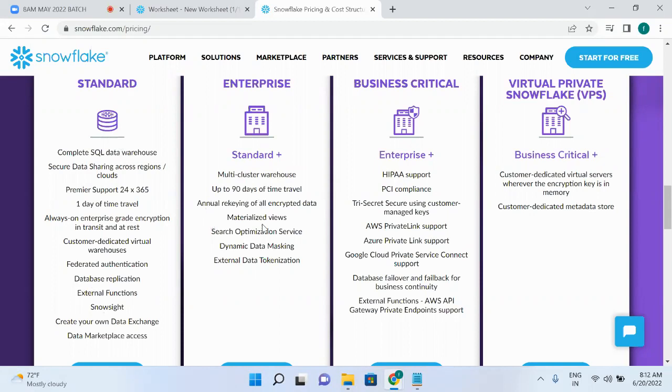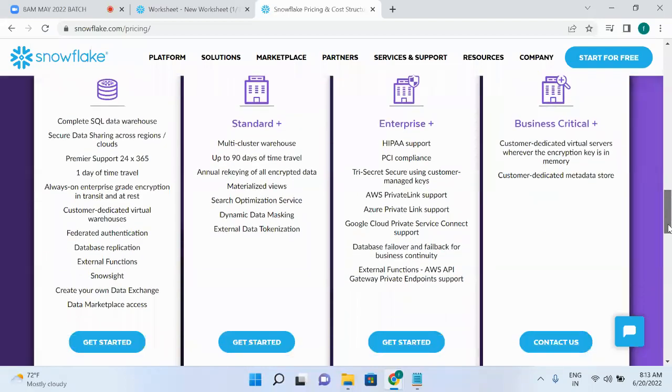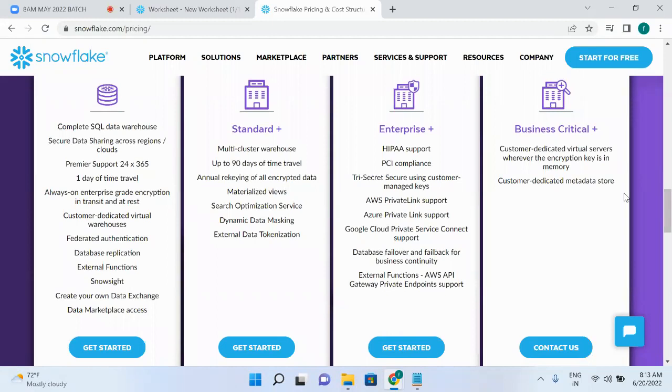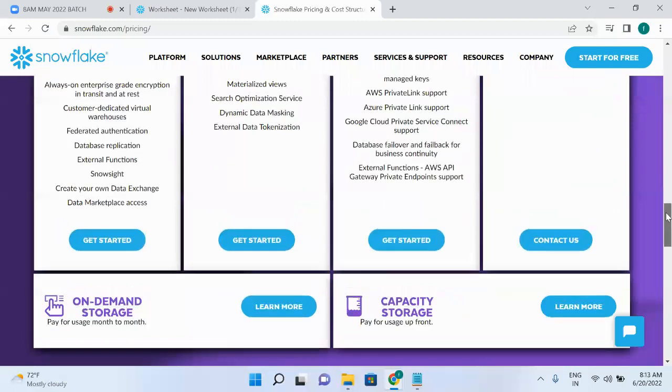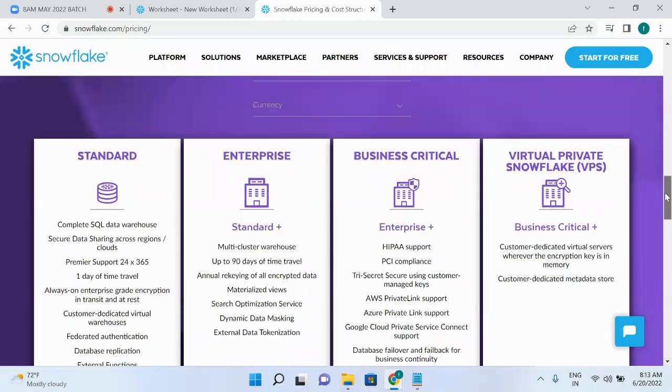When you go to the business critical edition, along with the enterprise edition features, they will have some additional security and compliance features included. Virtual private Snowflake is like a private network, with dedicated virtual warehouses and virtual servers. But this is not applicable for every account and every region.